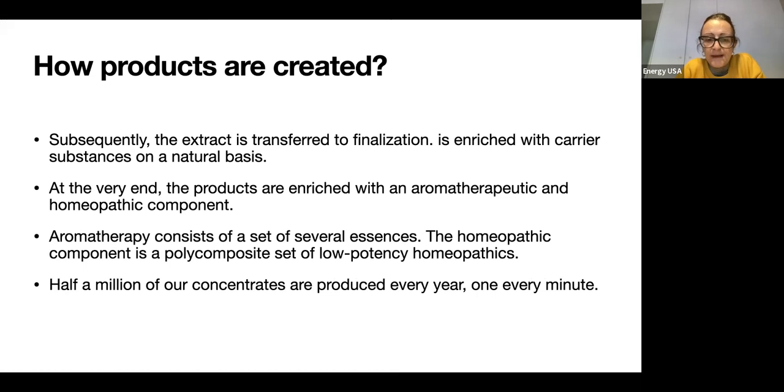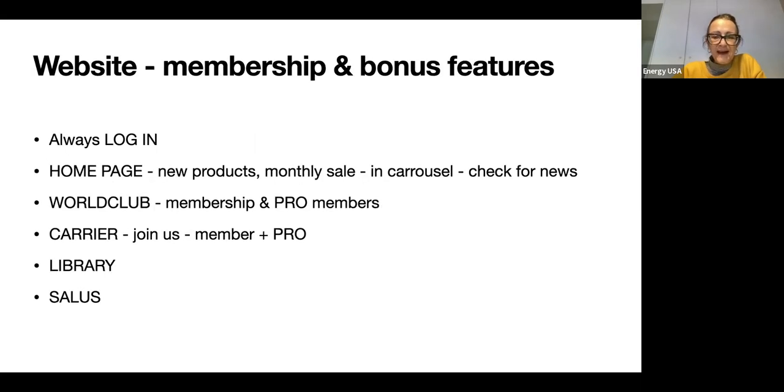The aromatherapy consists of a set of several essences, and the homeopathic component, it's a horrible word, but this is how it is, a polycomposite set of low potency homeopathics. 500,000 of our concentrates are produced every year, so one every minute, if you want to imagine. And this is the website where we have already been.